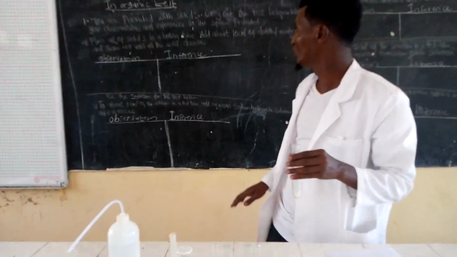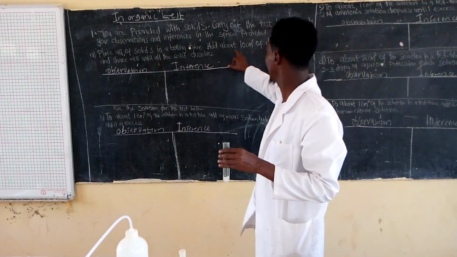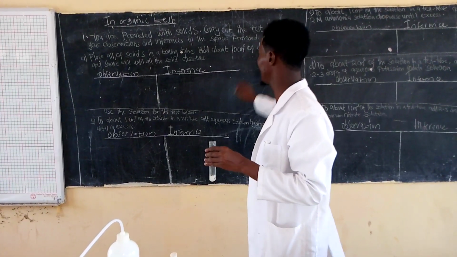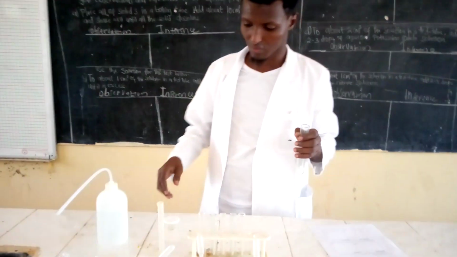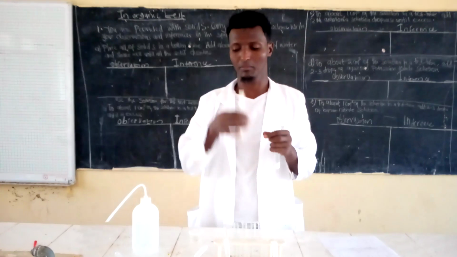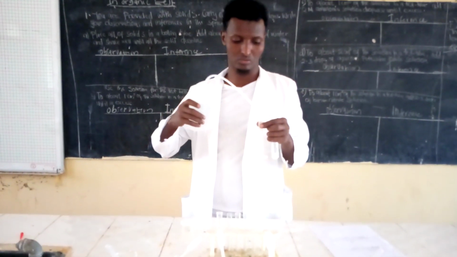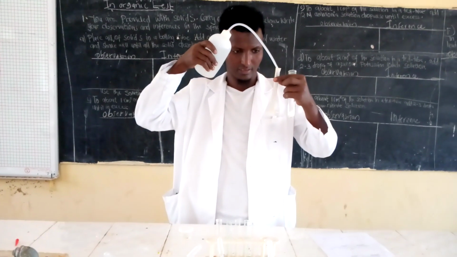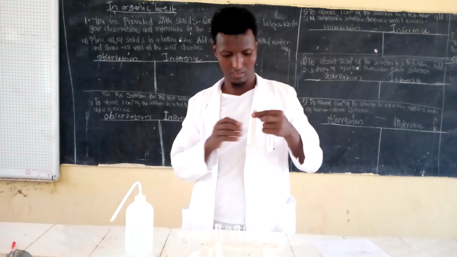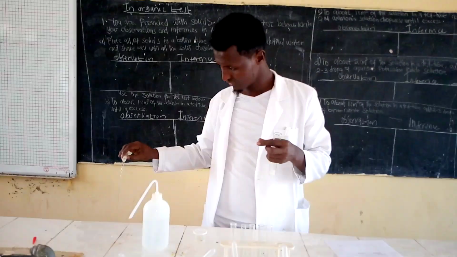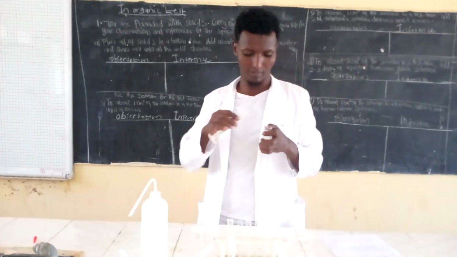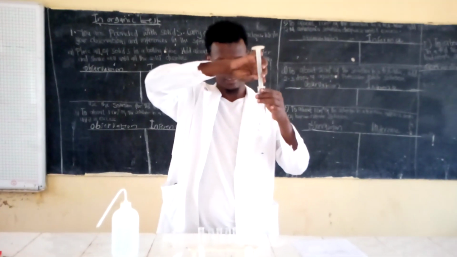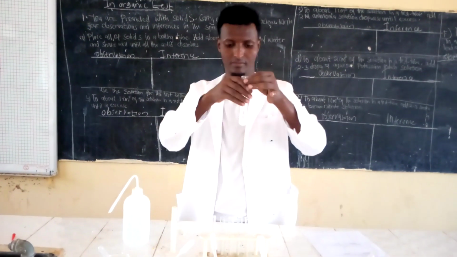After that, add about 10 cm³ of distilled water. Here is a measuring cylinder. So we add 10 cm³ of distilled water.